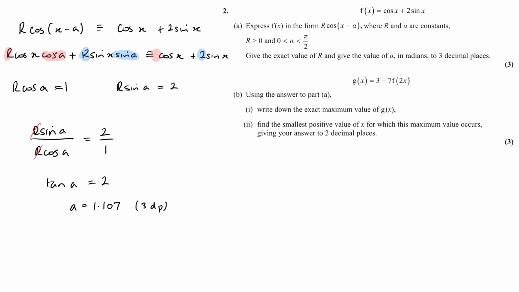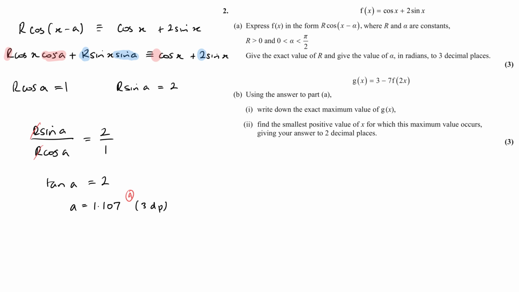Now, I didn't even notice that it does say 3 decimal places. I was just about to check, but I would still store that in my calculator. So right now I've stored the full value as a.